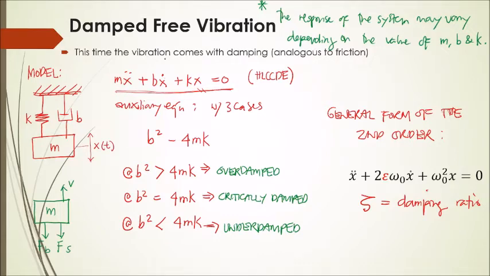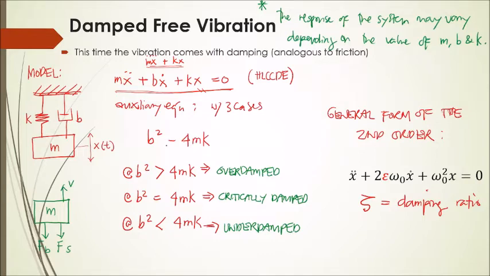Unlike sa undamped free vibration, ang ato is we only have m x double dot plus kx. So mas easier siya. Here namang gutay b, we have the first derivative. Now sa iyang auxiliary equation again has 3 cases which depends on the values of b, m, and k.